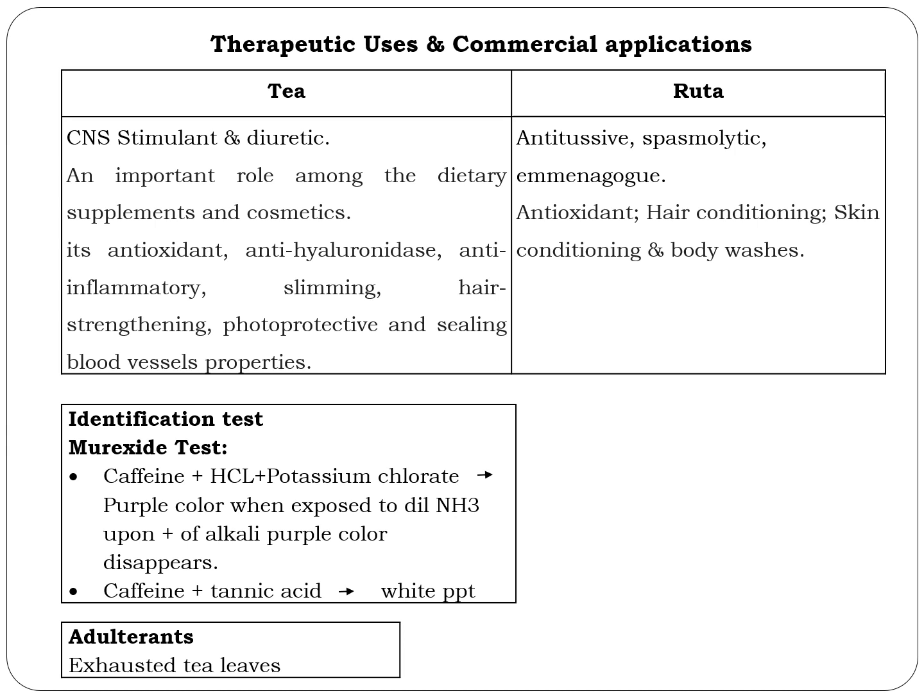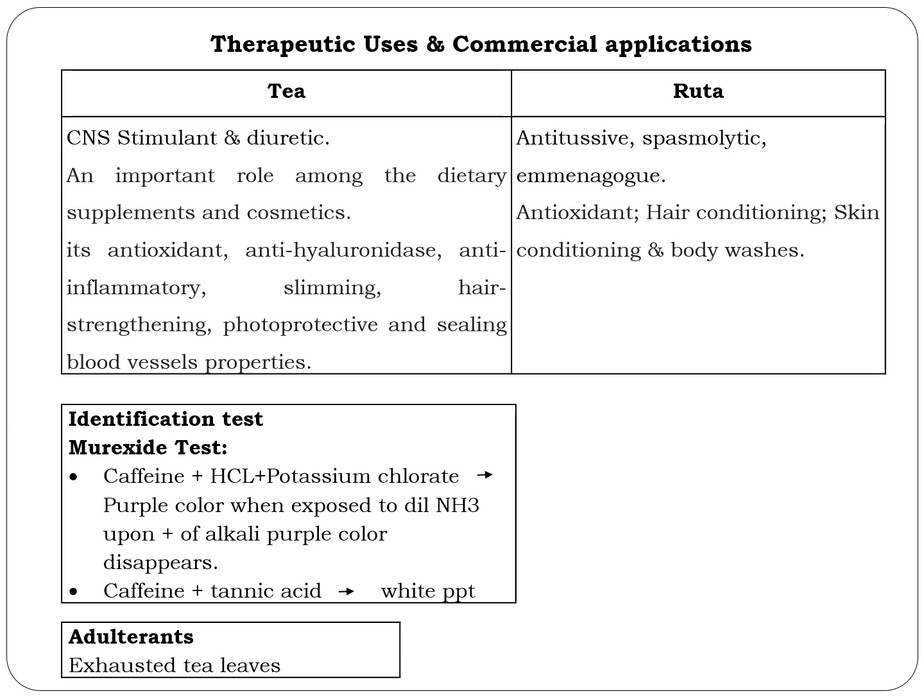Ruta is used as an antitussive, spasmolytic, emmenagogue. Emmenagogue means which cures menstrual disorders. It is also used as antioxidant, hair conditioning, skin conditioning and in body washes.